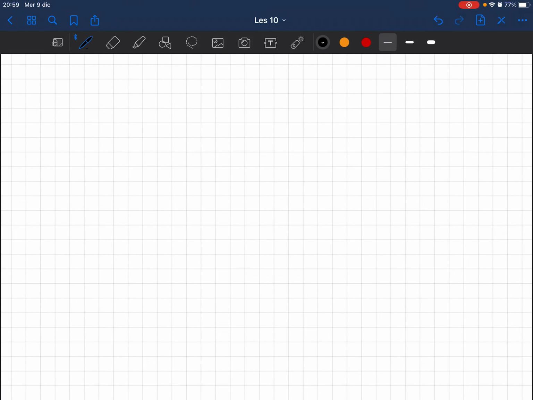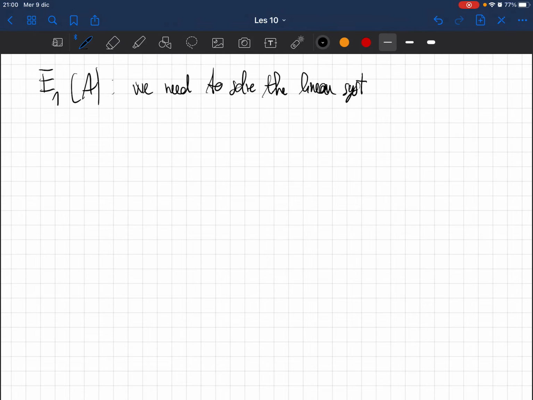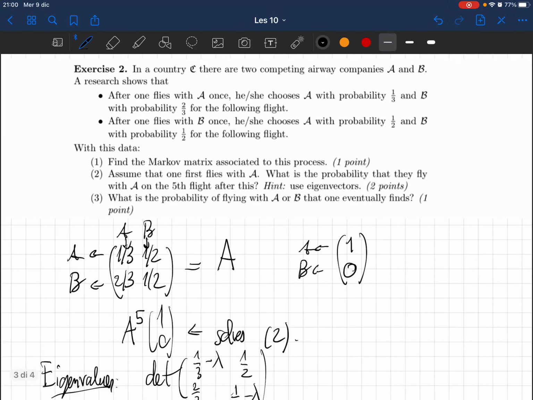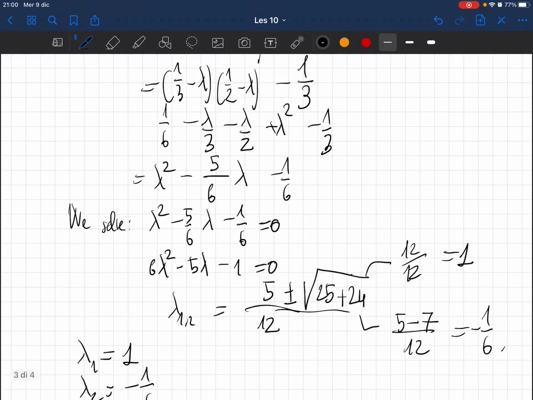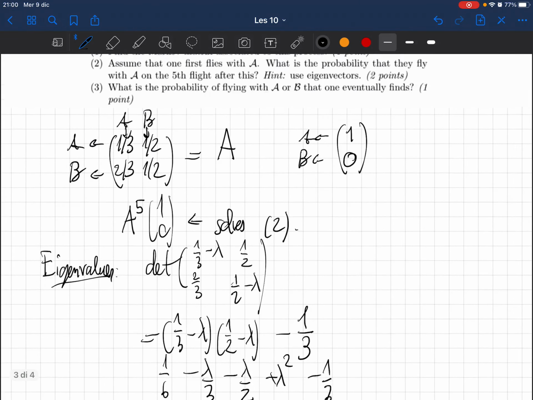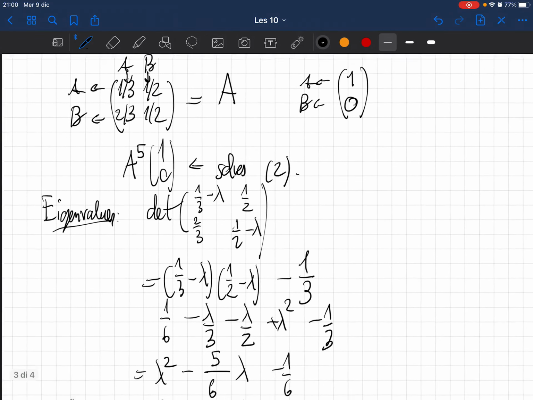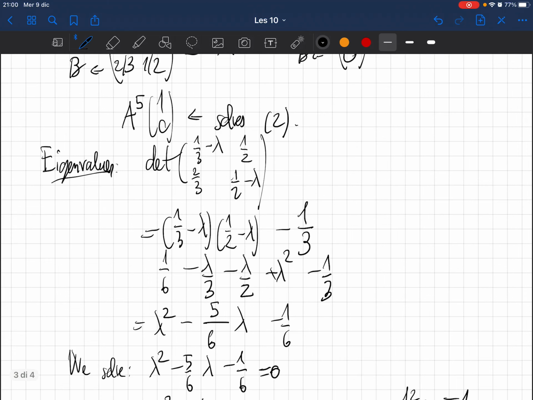So let's look at the eigenspaces. So E1 of A. We need to solve the linear system. Which linear system? You substitute 1 here.